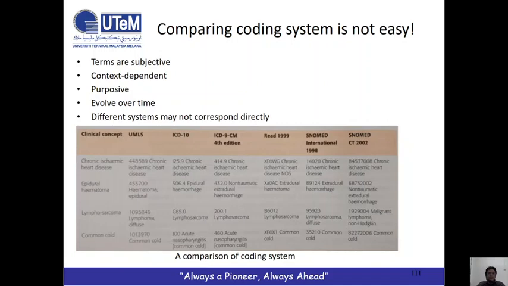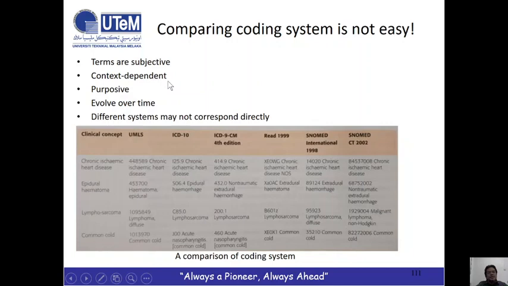When you talk about terminology used in healthcare, I think millions of terms can be created. And a term or coding system is context dependent. That means it depends on what type of purpose, or they call it purposive.